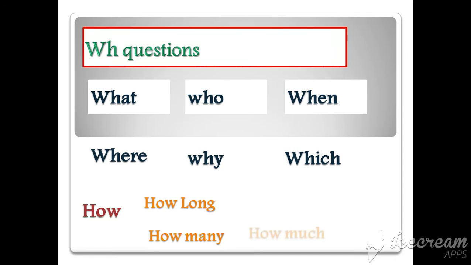And we can say how much, and here we use it to ask about a quantity or an amount of something, and of course we use how much only with uncountable nouns. So again, how is a different question word because it doesn't start with WH like the rest, okay? And it takes many adjectives.